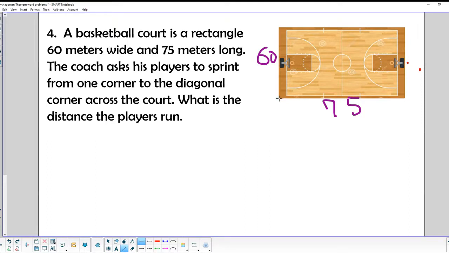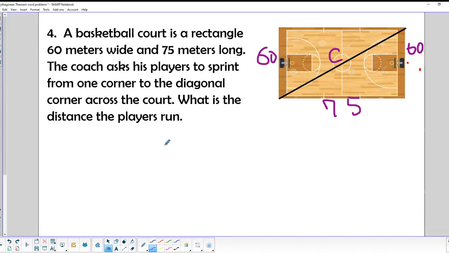So let's go ahead and mark that out. We got this diagonal right here. The way I've drawn that picture, we have to visualize again that this distance over here is also 60. So we know A and B. So we're looking for C, which is the diagonal.